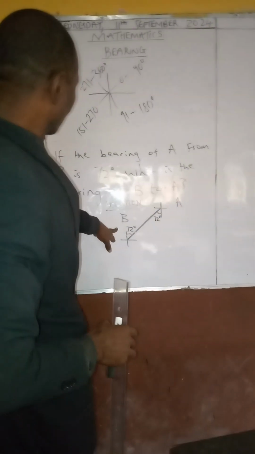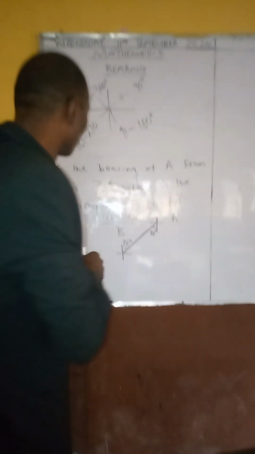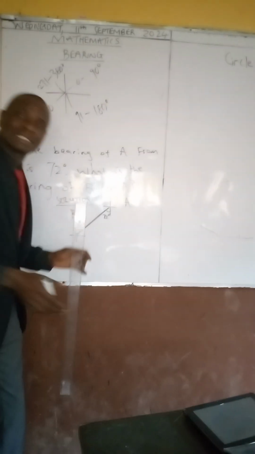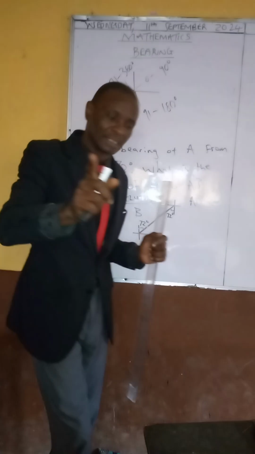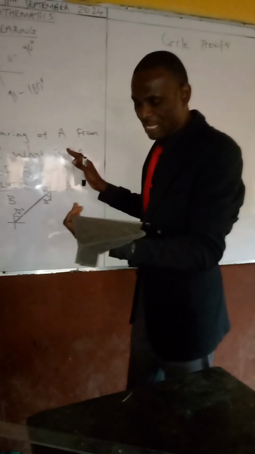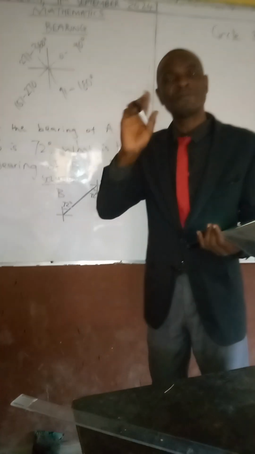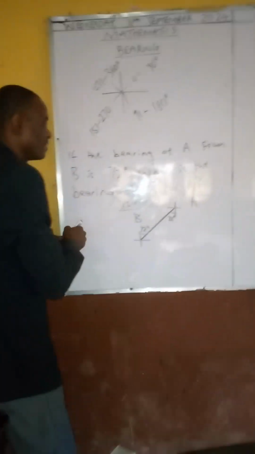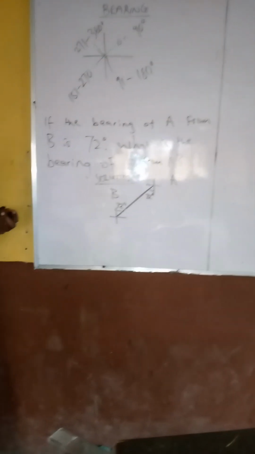So what am I trying to say here? Now that you have got to this stage, the next thing is to insist on what I told the class initially: bearing is measured starting from the north. Now we are looking for the bearing of B from A, with the corresponding preposition. What is the bearing of B from A?